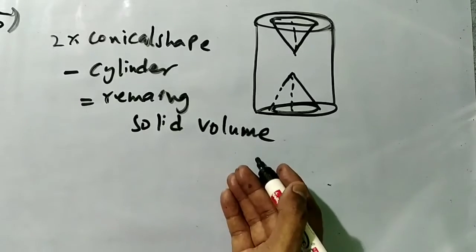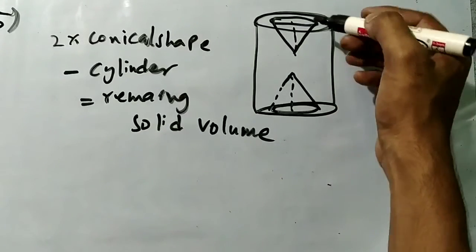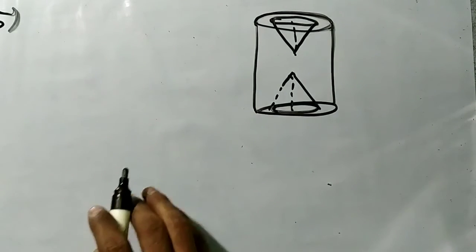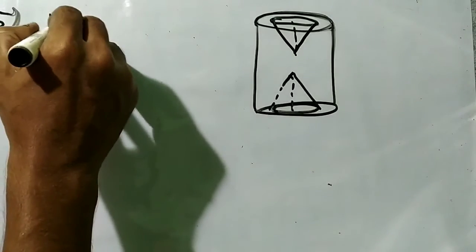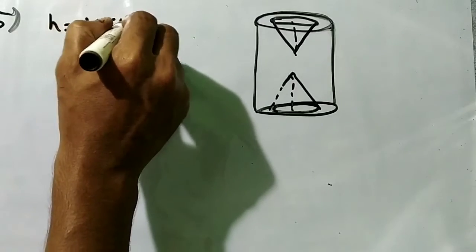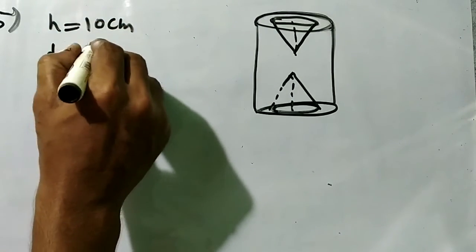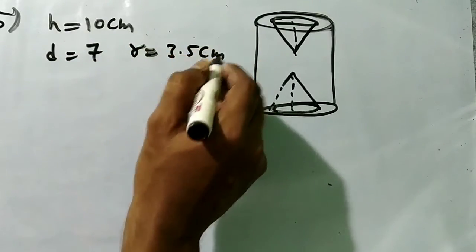The volume of the remaining solid is nothing but the total cylinder minus the two conical holes. From the question, we got some data. The height of the solid cylinder is 10 centimeters, and the diameter is D equal to 7, so R is equal to 3.5. We know this already.